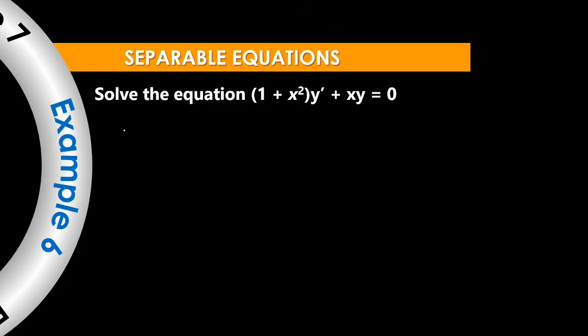Diba? Madali lang. So, magiging dy over y, plus x divided by the term containing x also, 1 plus x squared, equals 0. That's it. Madali silang paghiwalayin, no?